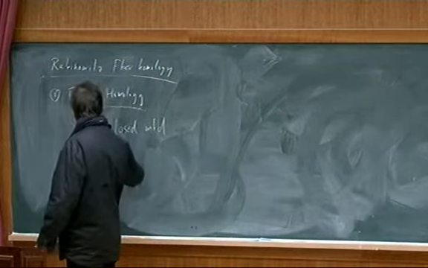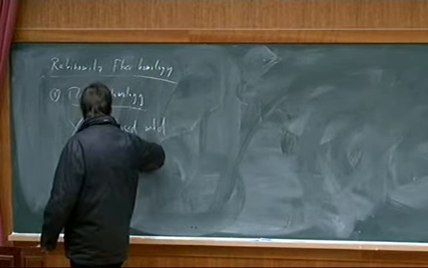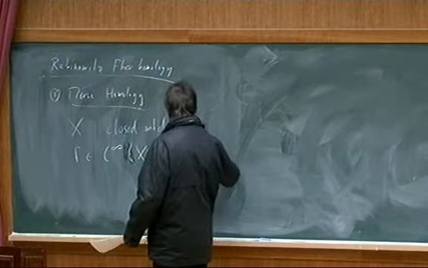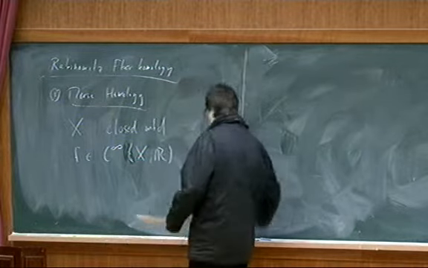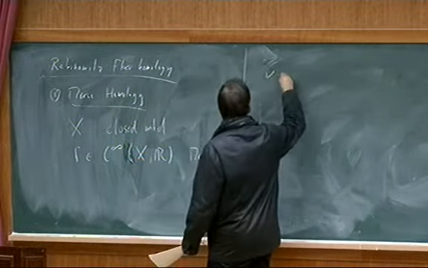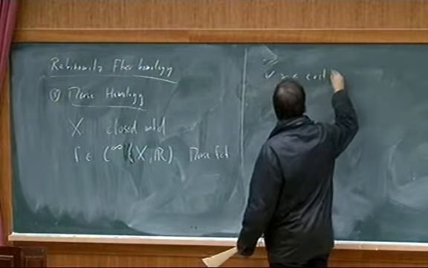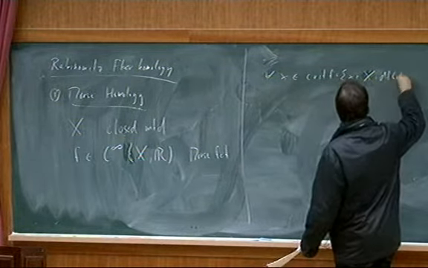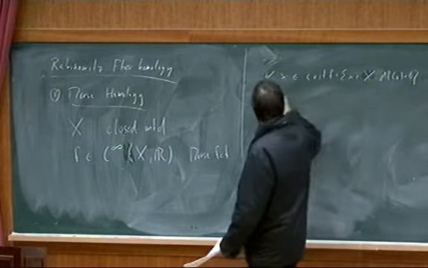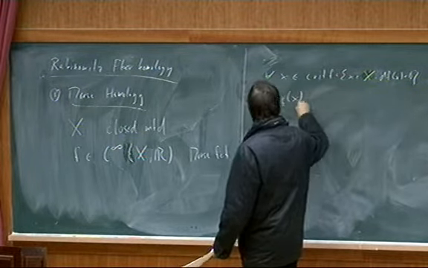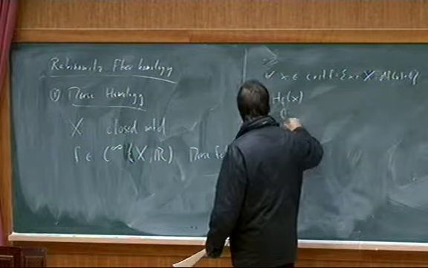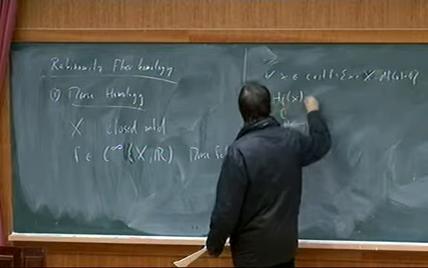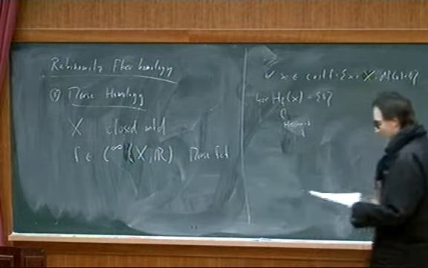So f is a smooth function on X, a Morse function, meaning that for all critical points of f, the Hessian is non-degenerate, so that's the Hessian of f, and then its kernel is just trivial.